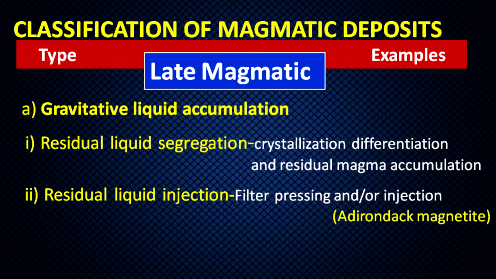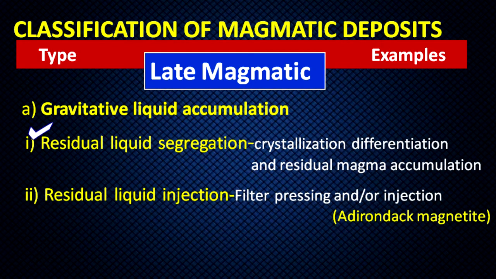Now late magmatic deposits. Late magmatic deposits form under the influence of gravitative liquid accumulation. The deposit which is formed under gravitative action, or the early formed crystals deposited under the influence of gravity and accumulated, are classified into two major categories.